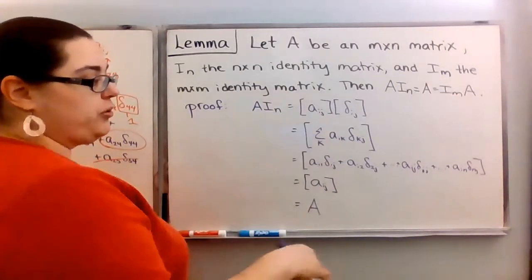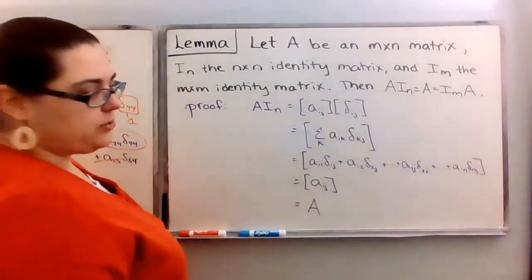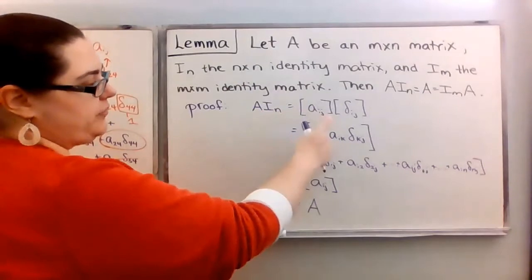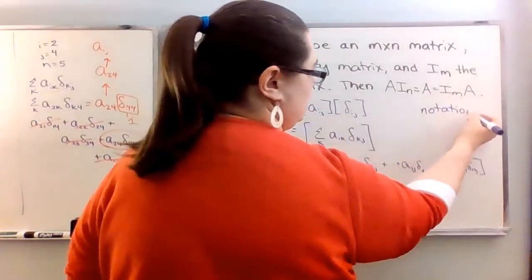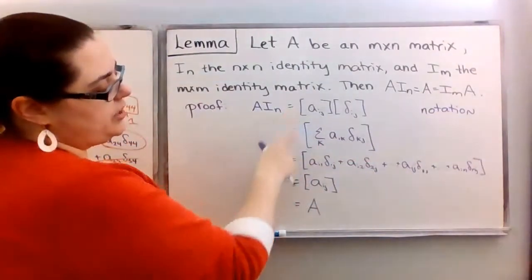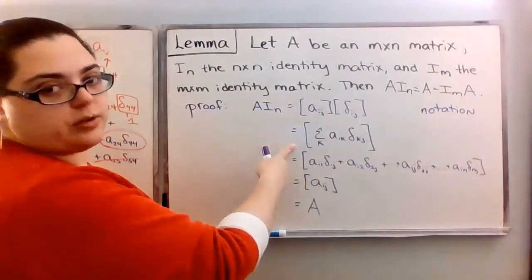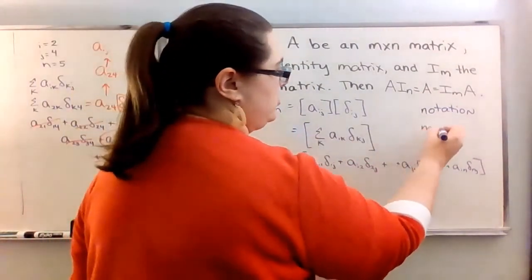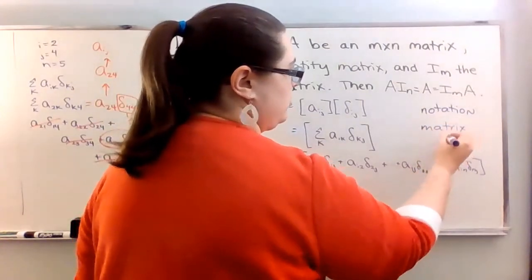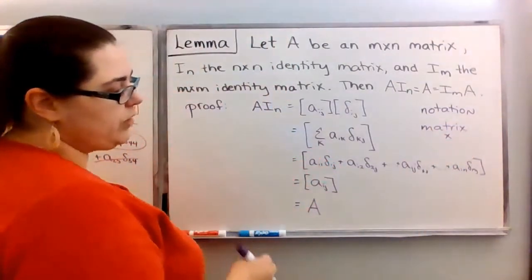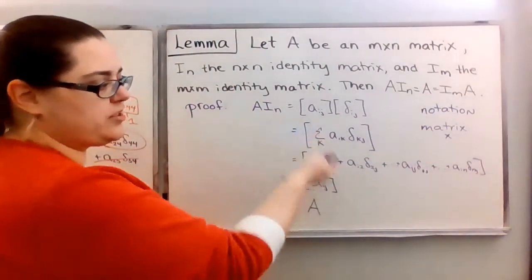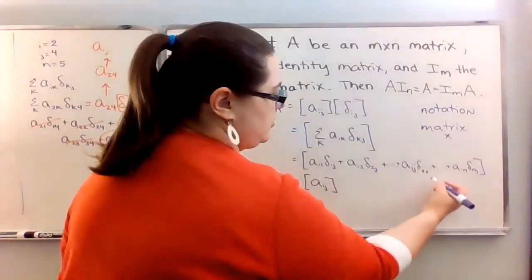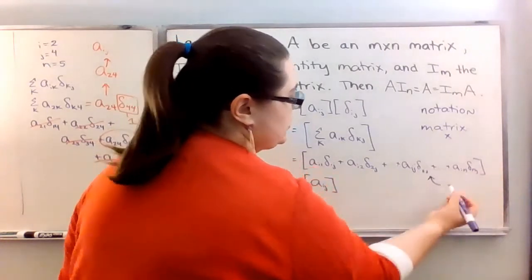So as I went through my proof, I didn't write down my reasons, so let's make sure we do that. Here we have this is because of notation. From this line to this one, we just use the definition of matrix multiplication. Here we just expanded the sum, so that's just using the summation notation. I'm just going to do a little arrow here because I'm out of space.